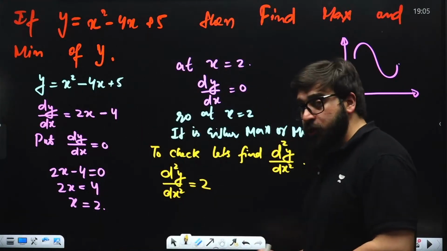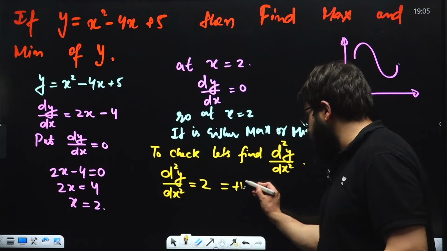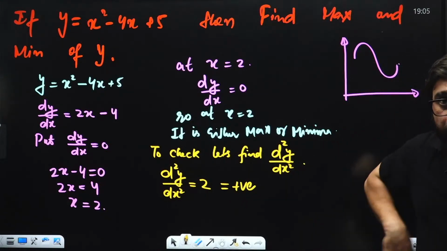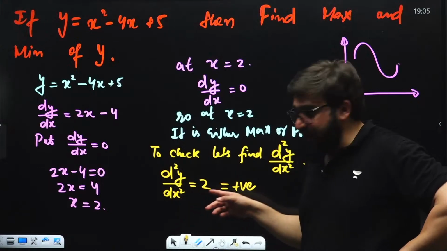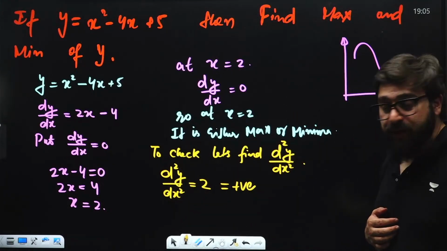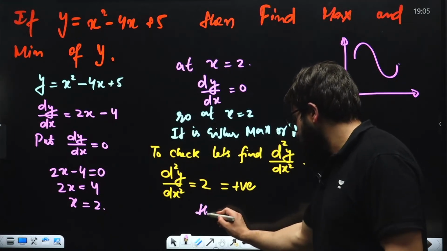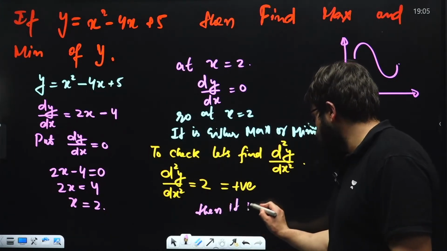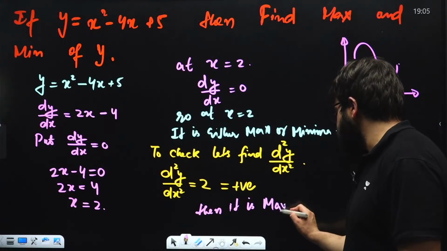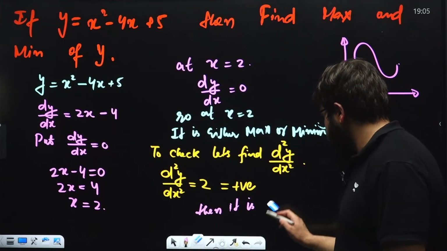Is this 2 positive or negative? It is positive. And I have told you, if d2y by dx2 is positive, then it is minima.